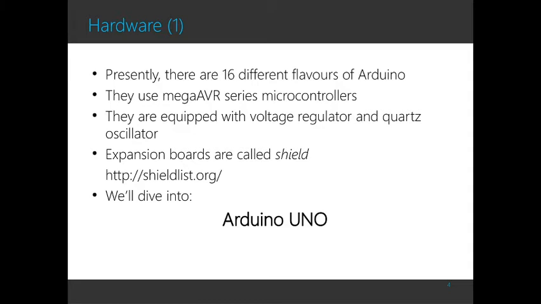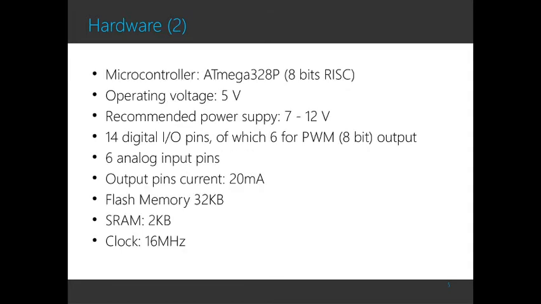So, in order to take something as a reference, we start working with Arduino Uno. It is based on the microcontroller ATmega328P, so it's an 8-bit RISC architecture, and it has an operating voltage of 5 volts, but the recommended power supply is from 7 to 12 volts.